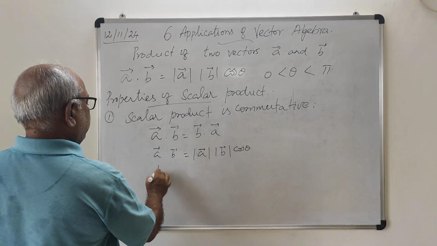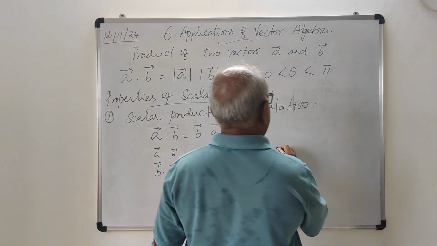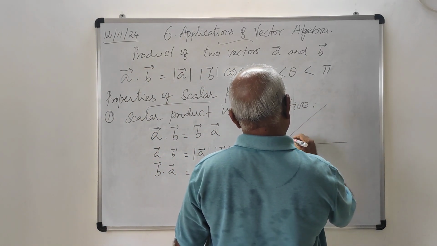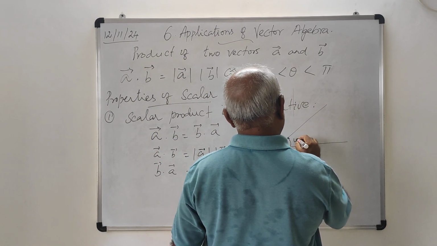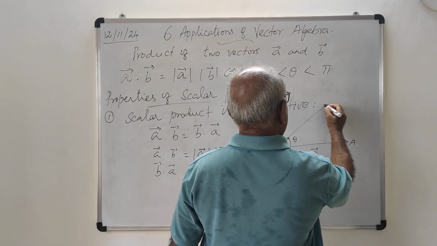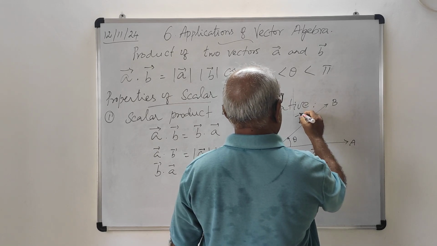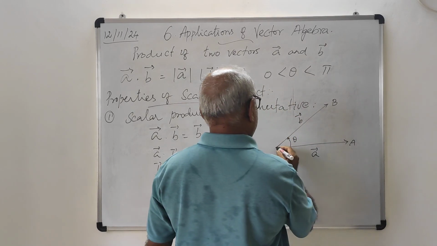What is B dot A? You know, this is theta, OA is vector A and OB is vector B, and theta is the angle between vectors A and B measured in the counterclockwise direction.